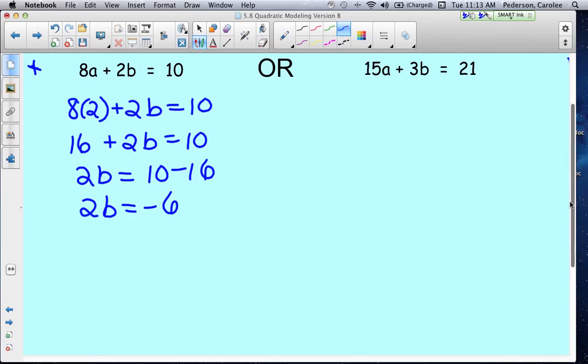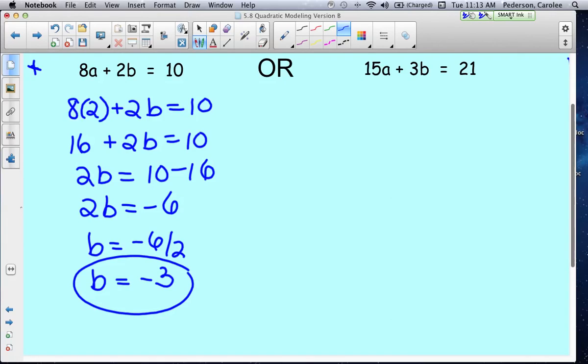And then divide by 2. So b equals negative 3. If I chose the second equation, I would also get negative 3. But I don't need to do that. It's just showing the work. So now I have a equaling 2 and b equaling negative 3.